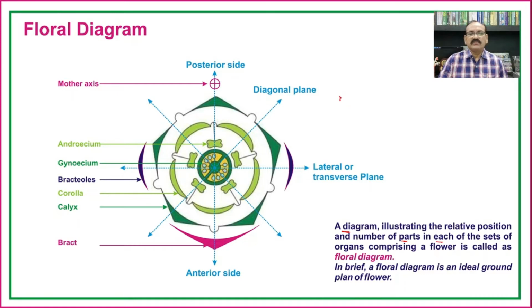We have to see the bud of the flower, which is slightly open but not fully open, so that we can observe the aestivation of the sepals and petals. As I already told in the earlier lecture on flower, aestivation is the mode of arrangement of the sepals or petals in the flower in bud condition.